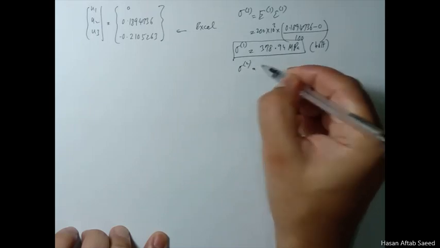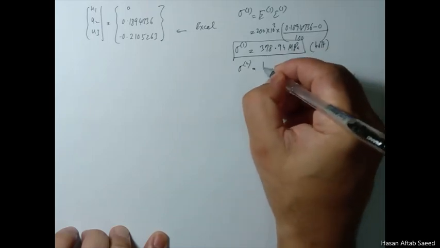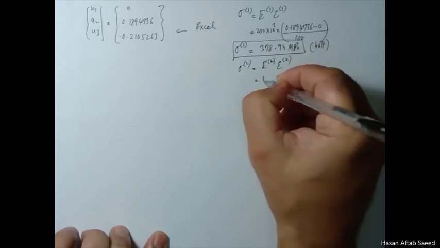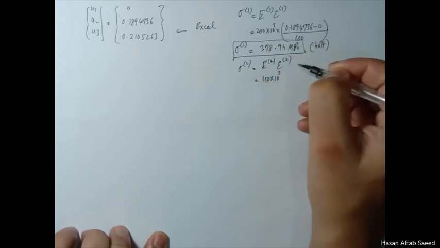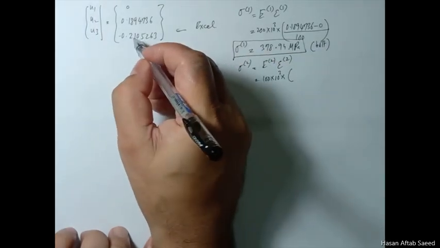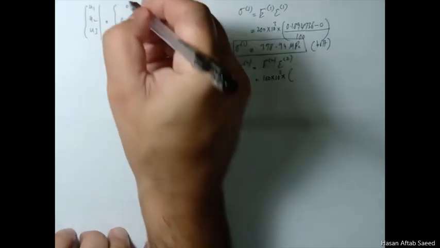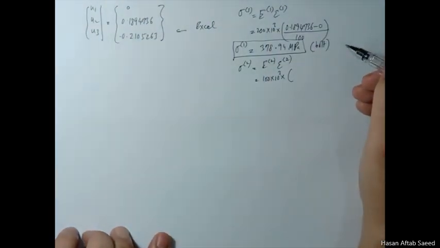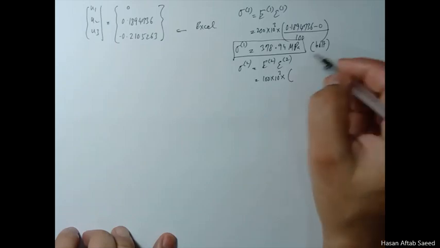As for the brass tubing, you have this expression. Young's modulus is half of that of steel, and the strain is this minus this. Remember, this is the U1 with the first degree of freedom that is shared by the two.